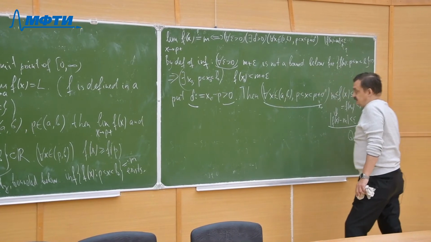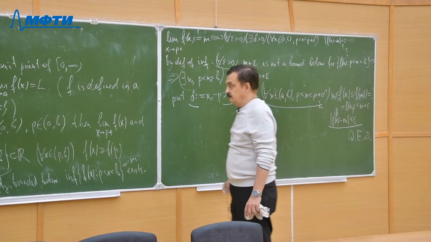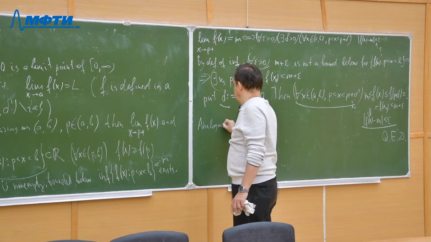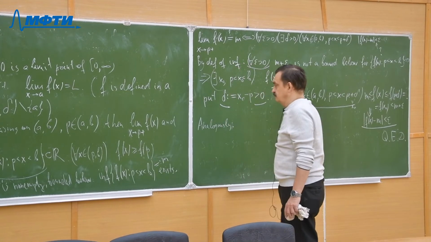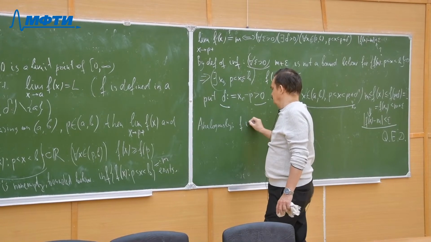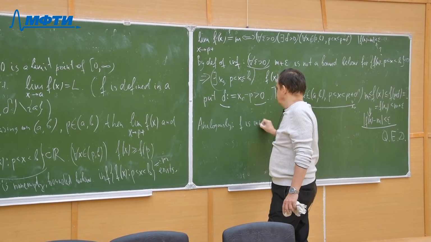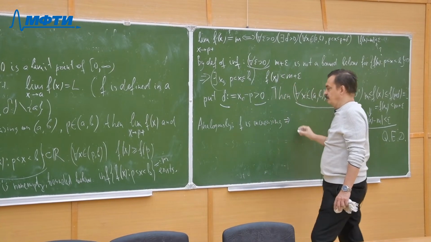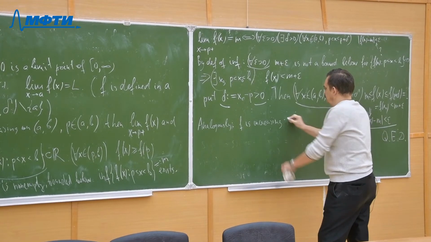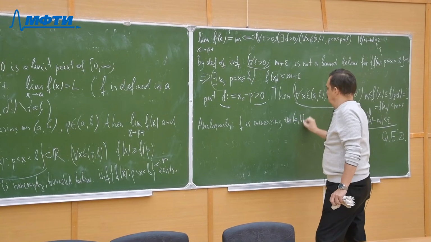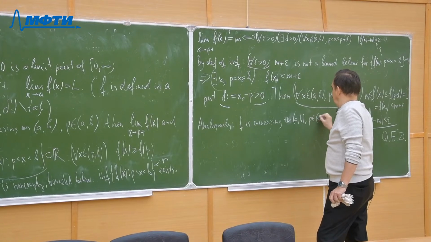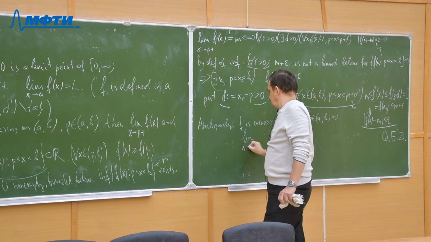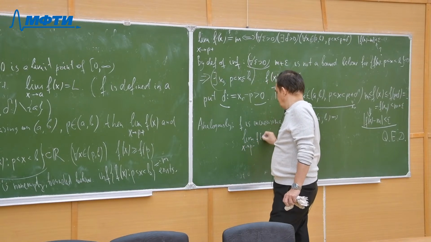And analogously, we can prove the other assertions. If f is increasing on (a, b), p is in (a, b), then the limit as x tends to p minus of f of x exists.